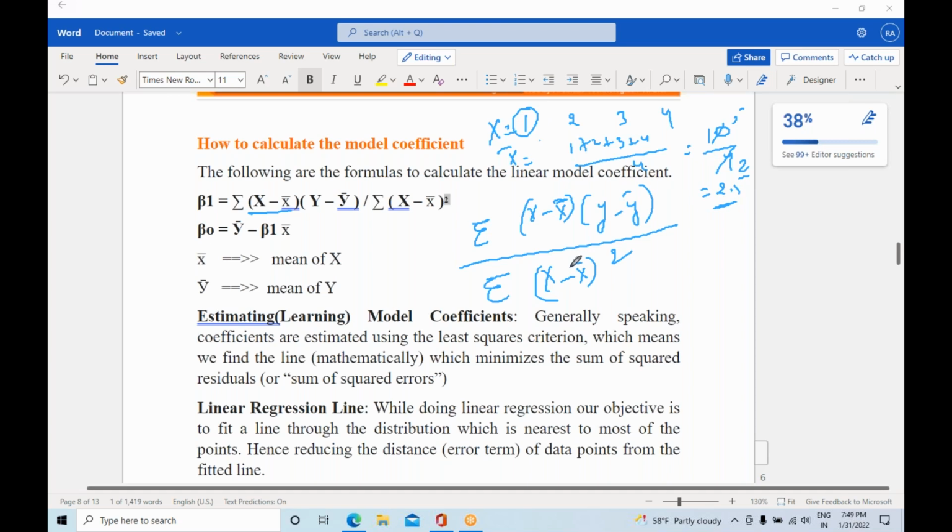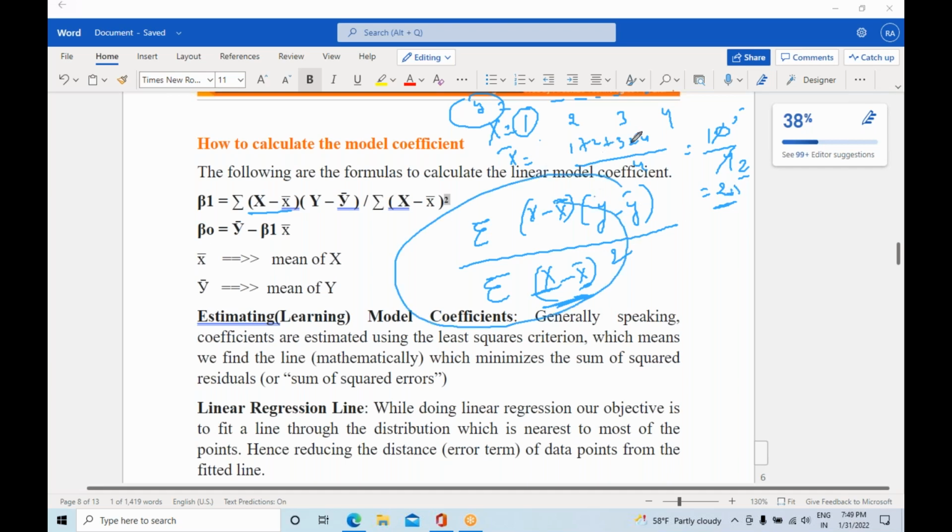It's 2.5. Then into the corresponding y minus y bar. The mean is constant, but y changes for every iteration. Likewise x changes, but x bar is 2.5 only.